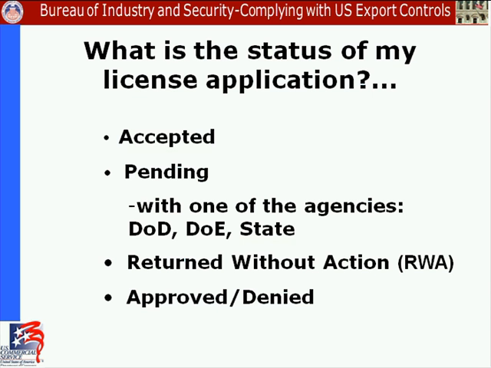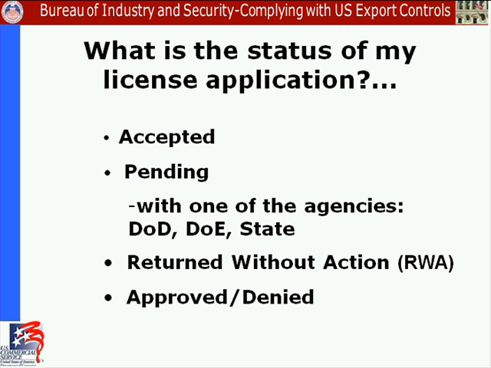If the application is referred to any of those other 3 government agencies, the U.S. Department of Defense, U.S. Department of Energy, or the U.S. Department of State, by law and under our regulations, each of those agencies will have 30 calendar days to review your information and respond with their official position.